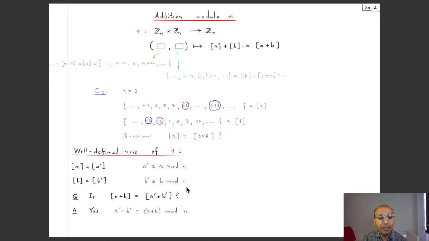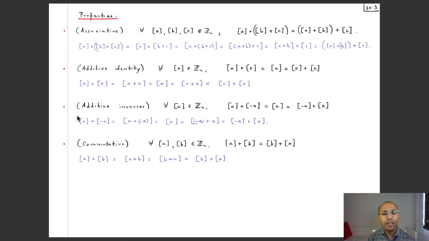And last time we learned that if these two things happen, then if I add these two, the sum I obtain is congruent to the sum of these two mod n. So I add these two, and it turns out that the sum I obtained here is congruent to the sum I obtained here mod n. Because of that, we know that A prime plus B prime is indeed congruent to A plus B mod n. And so, since these two are related to each other, their equivalence classes are the same. So this addition modulo n is a well-defined operation.